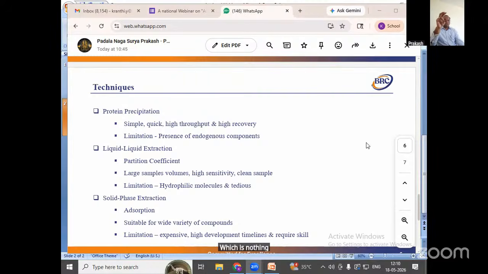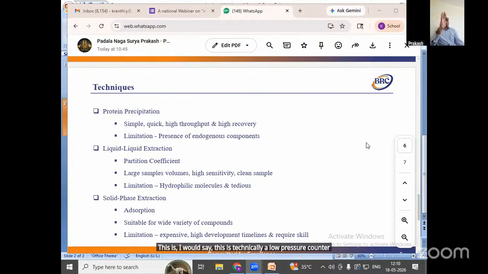The sorbent is placed inside something called a cartridge. It consists of a sorbent which utilizes selective absorption and elution to isolate or concentrate the target components. This is technically a low pressure chromatography.